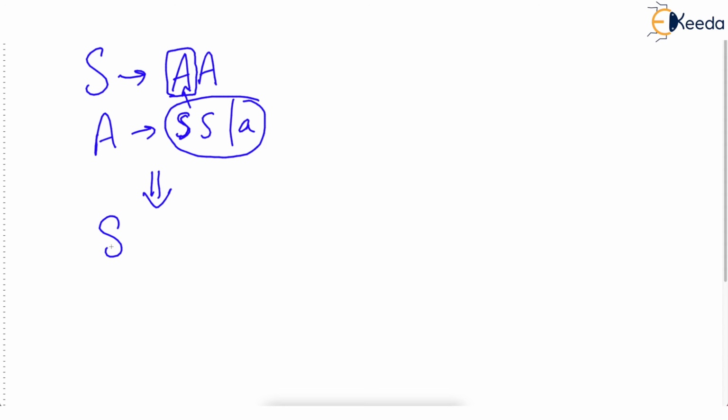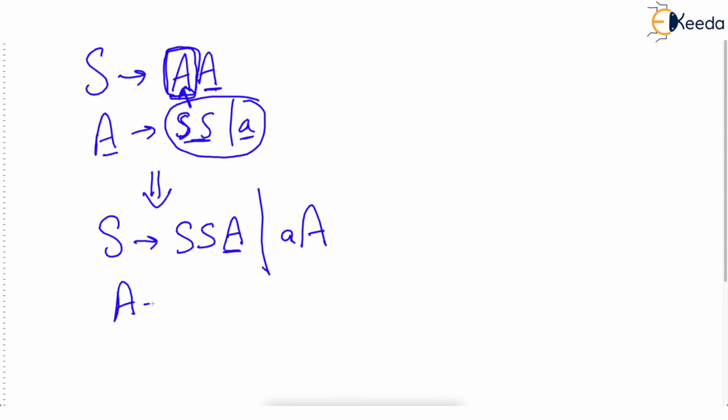So the grammar will become S derives SSA. Note the second A is preserved here, but this A has been replaced with SS, or this A also derives small a, so aA. And the second production we will keep as it is.